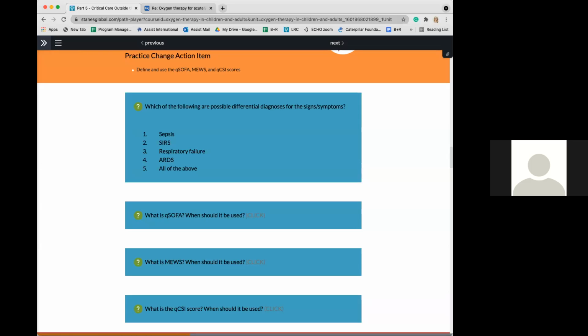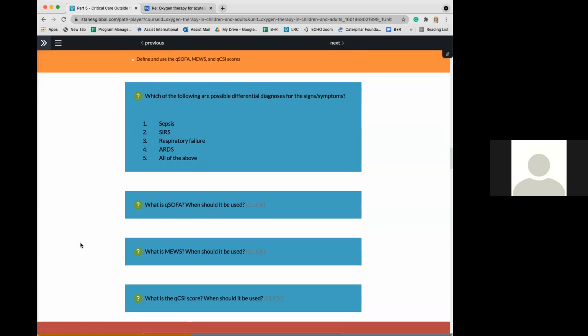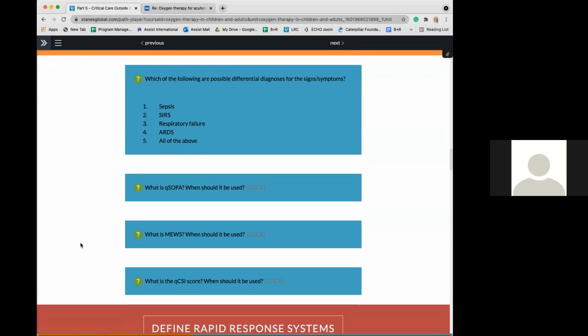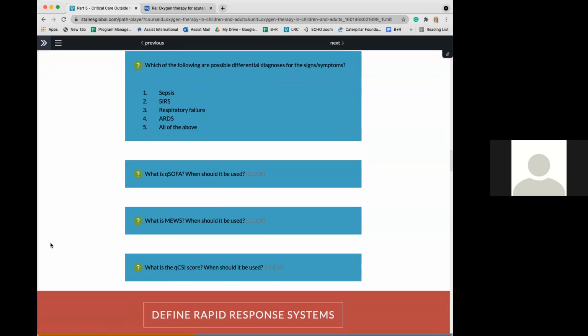This tool has been used in the context of sepsis or a patient with presumed or confirmed infection. And the SOFA is used in an ICU setting because it has more parameters that are considered.